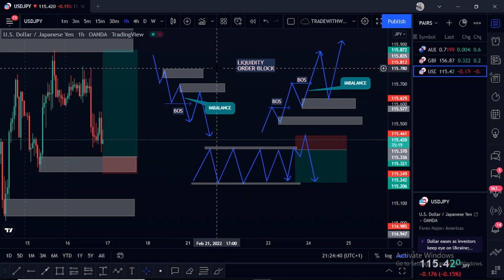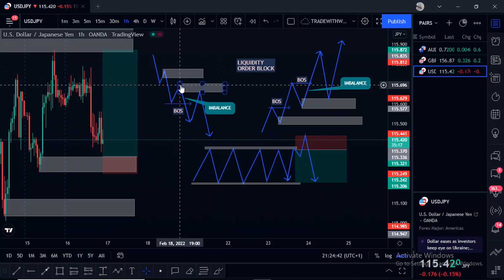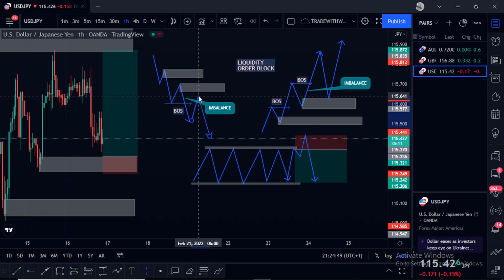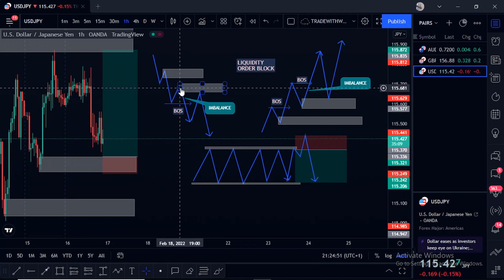So it means there's still a lot of money on that order block candle that the market might retest and then continue to sell, due to the tons of money that was still remaining.